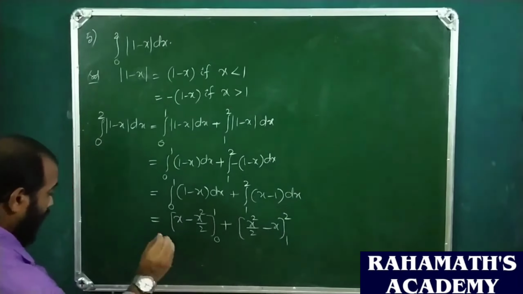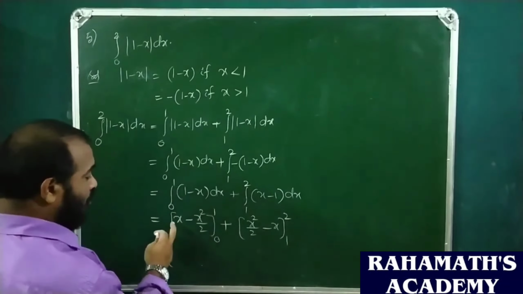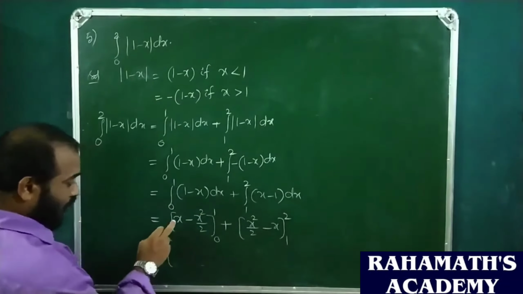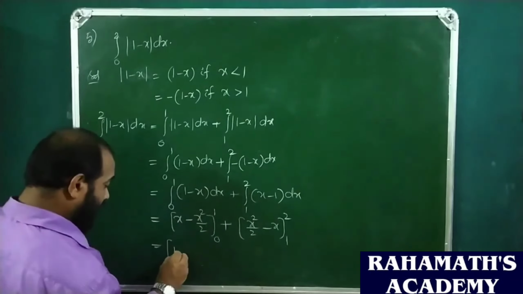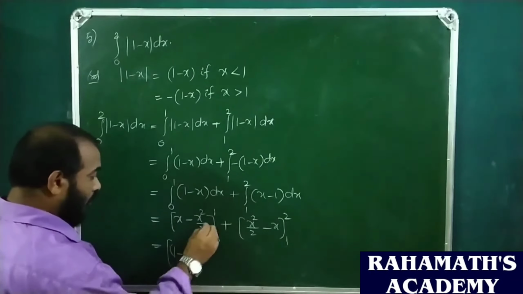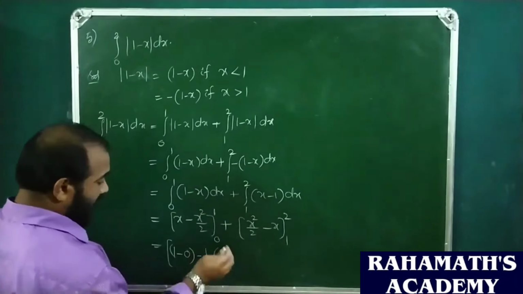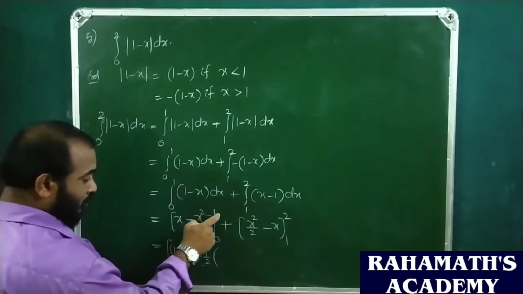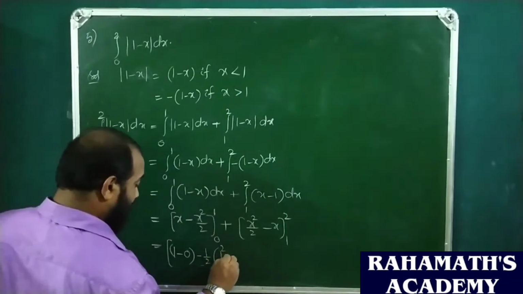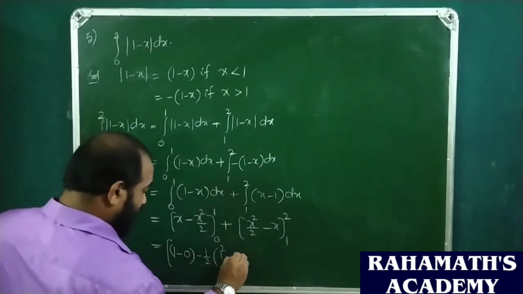Substitute the upper limit minus the lower limit wherever you find x. In the place of x, upper limit 1 minus lower limit 0, minus 1 by 2 taken aside. Then in the place of x square, substitute upper limit 1 square minus lower limit 0 square.